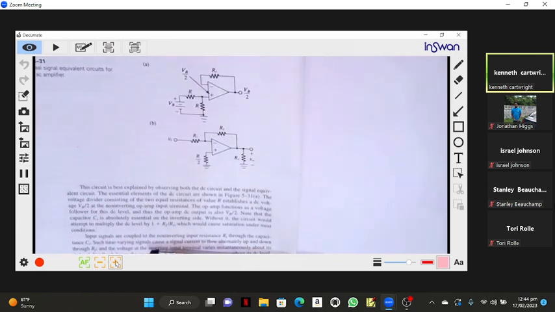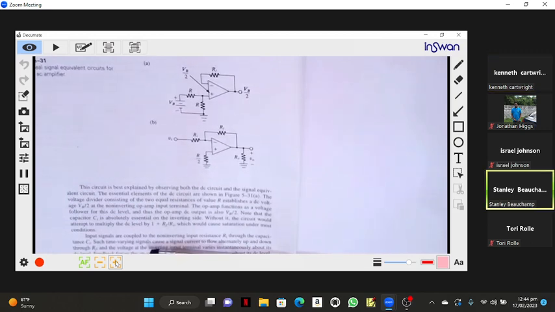What does R over 2 remind you of? What resistor does R over 2 remind you of? Compensation resistor. And what should the value of the compensation resistor be? The parallel of RF and RI. Well, there you go.